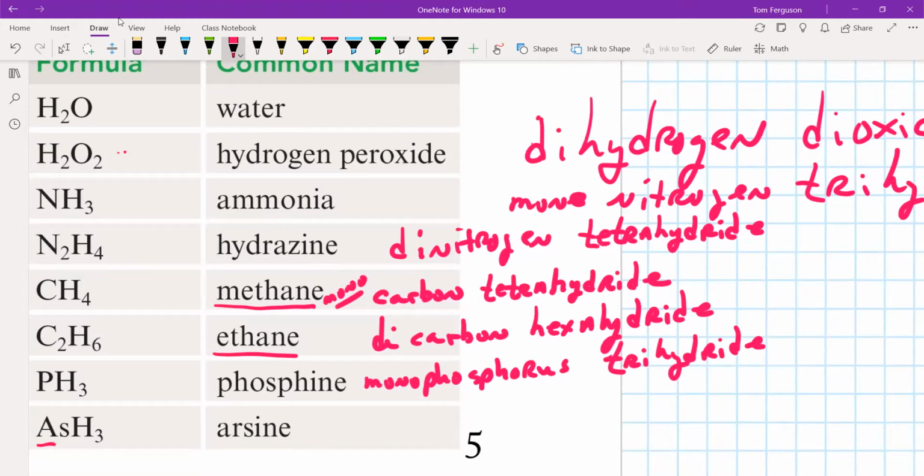And this we're going to go to the periodic table to get. Yeah, that mono in the beginning, remember, is optional.